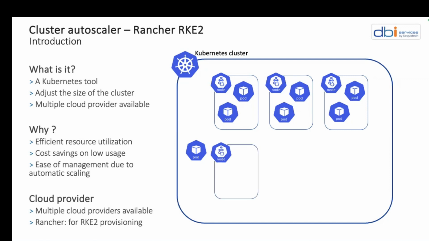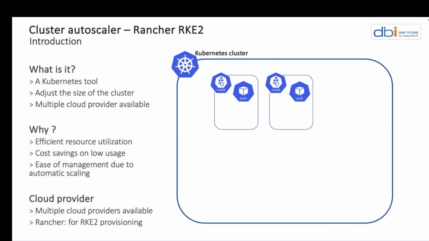And the cluster autoscaler will automatically add a new node into the cluster, and then Kubernetes can start the pod on the new node. If there are nodes that are underutilized for an extended period of time, then the autoscaler will automatically scale down the cluster. And also it can help optimize resources by scaling down existing nodes whose pods can be moved.